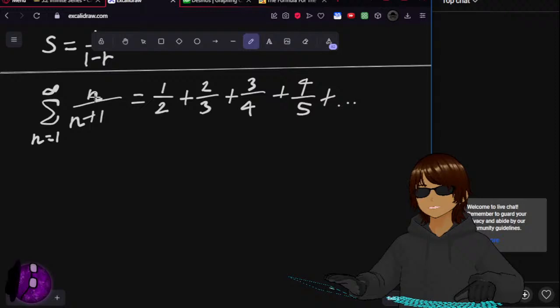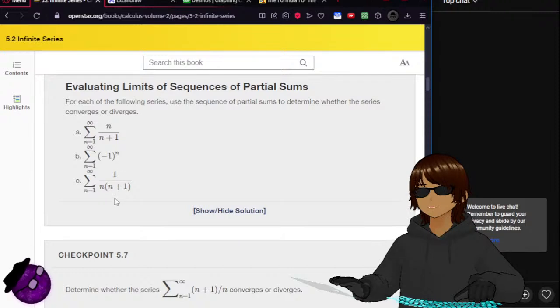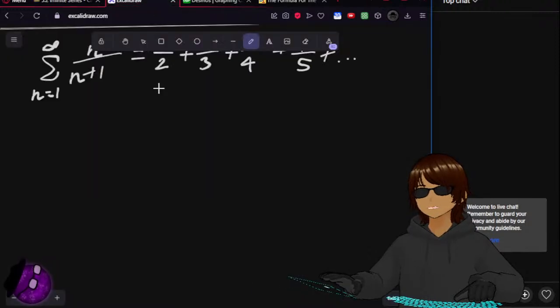Okay, so let's say if it's n plus 1 over n plus 1, that's just 1. 1 plus 1 plus 1 plus 1 till forever. That goes to infinity. Minus 1 to the power of n is undefined. Let's try this one.